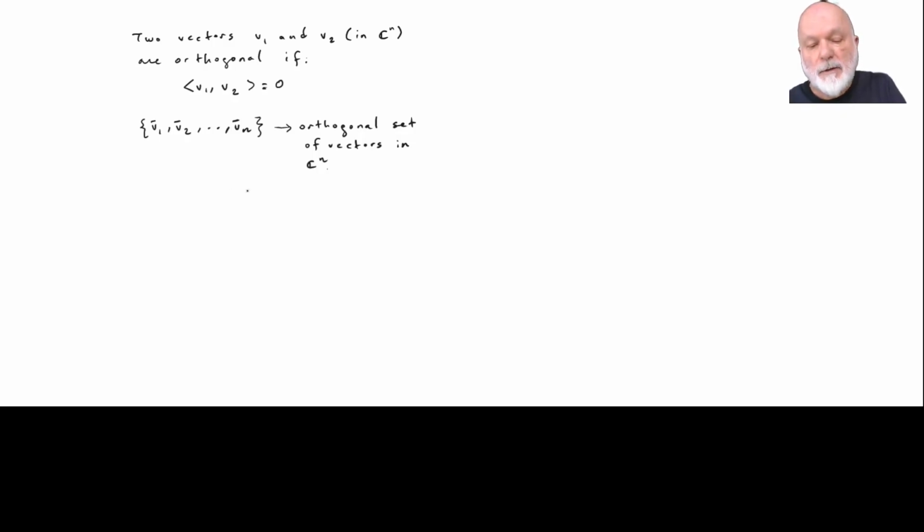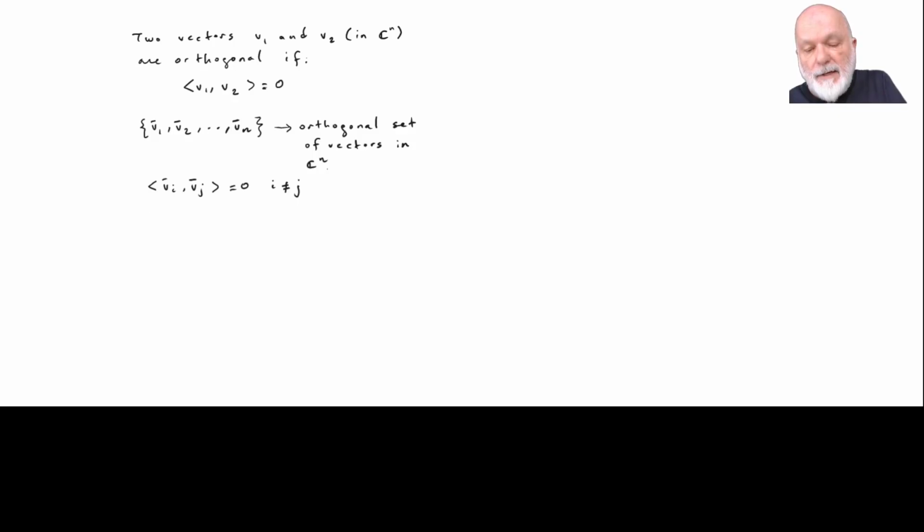That is our main aim. So in this orthogonal set of vectors, the inner product of vi bar and vj bar is equal to 0 for i different from j, with i and j running from 1 to n.